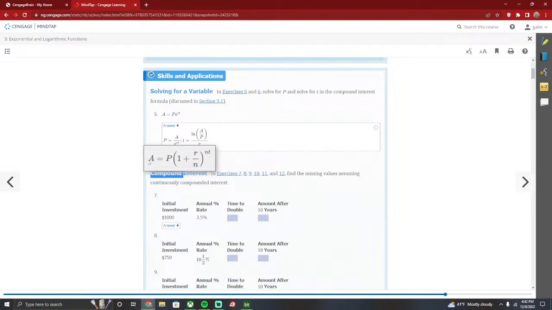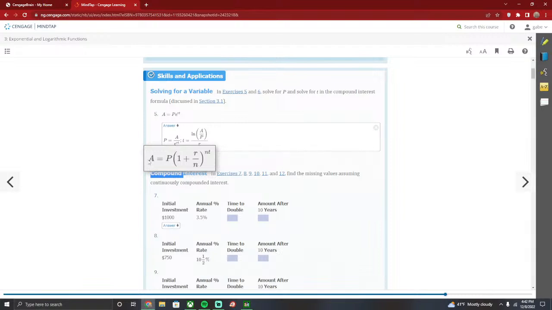So this is going to get kind of messy. So ln A over 1 plus R over N equals ln P plus RT.